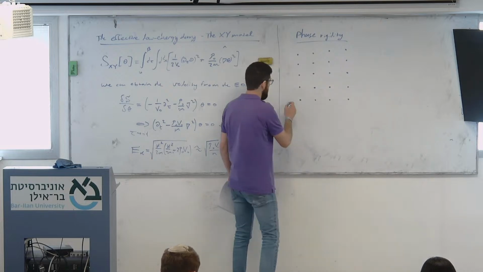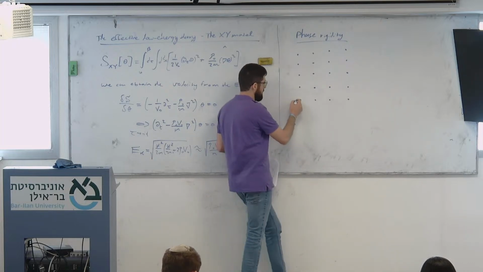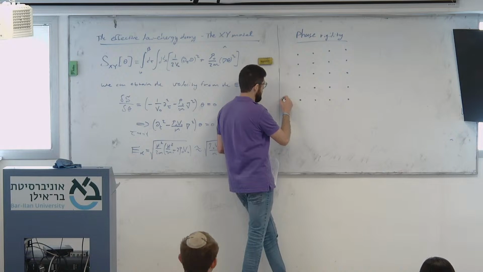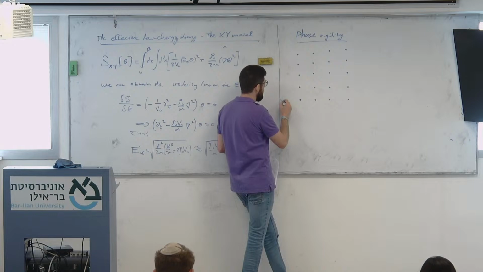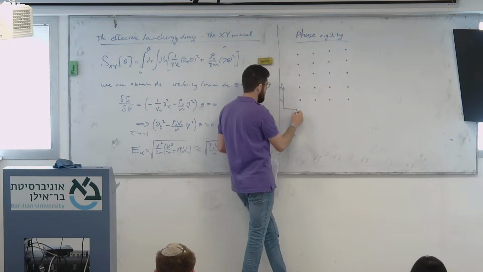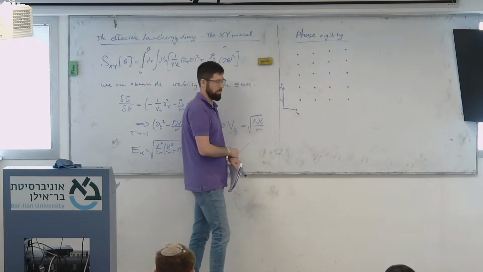Now you can imagine that I can associate each line here with a phase. So imagine that I write this crystal, so let's say this is like Y direction, and this is like X direction, okay?